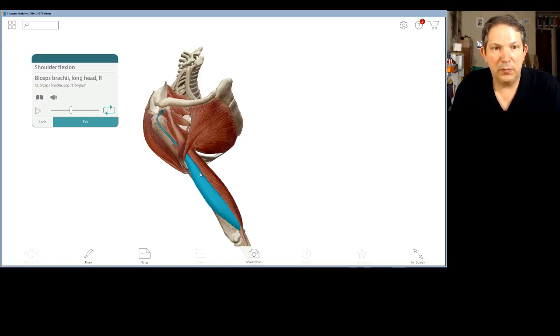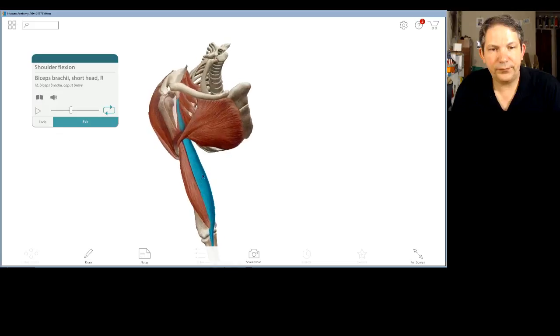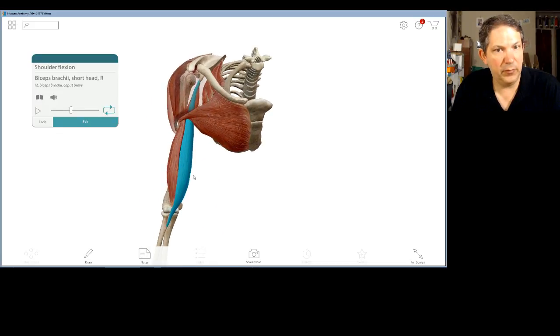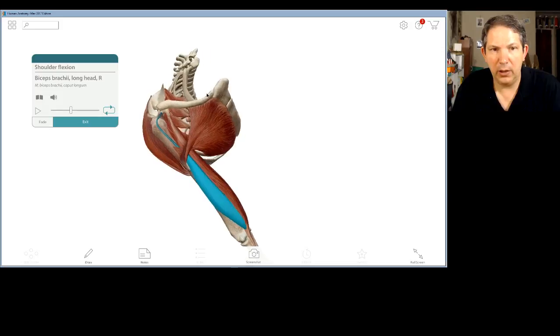So biceps brachii longus and biceps brachii brevis, and it's a little confusing because brevis means short, yet that muscle looks longer than the longus. So we're talking about the length of the tendon really here.